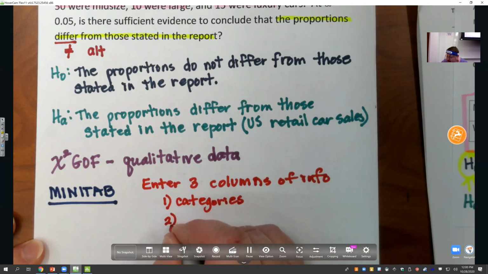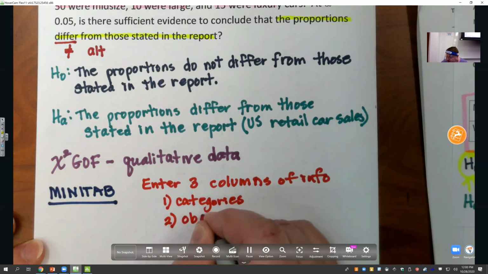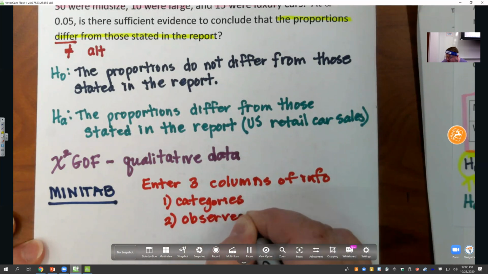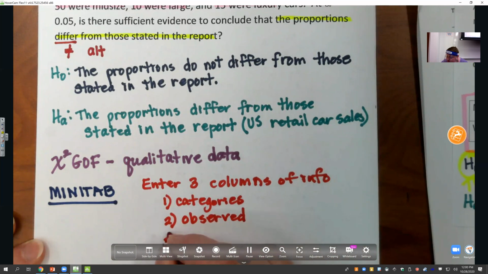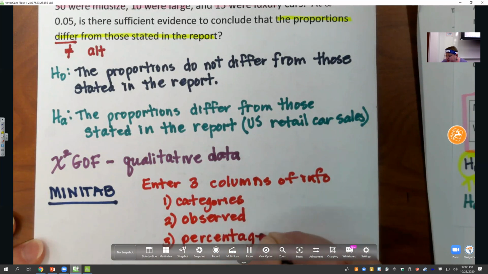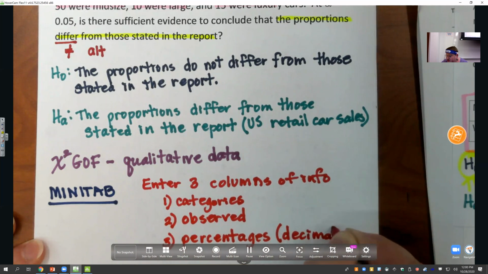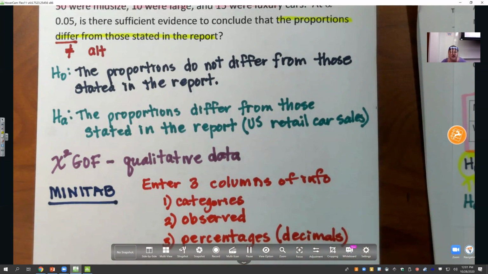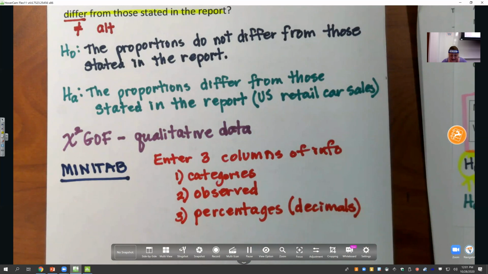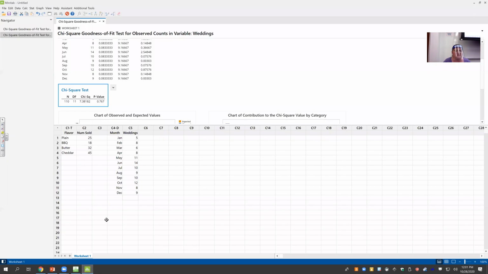The second column will be the observed. And the third one will be your percentages or your proportions, but they need to be entered as decimals. So we have to enter all 3 pieces of information. It's a little bit more to enter because we're not saying they're all the same anymore.